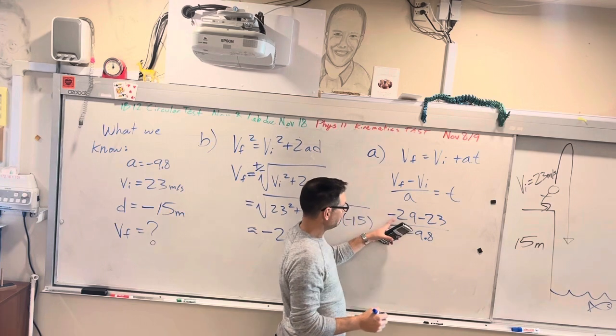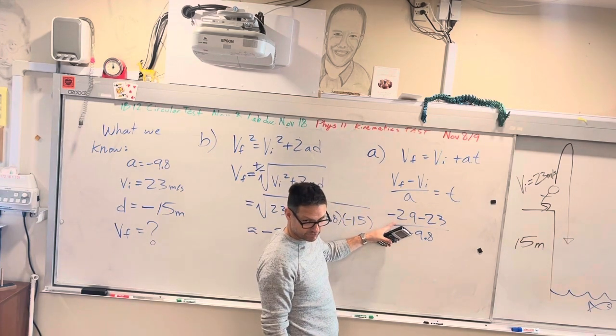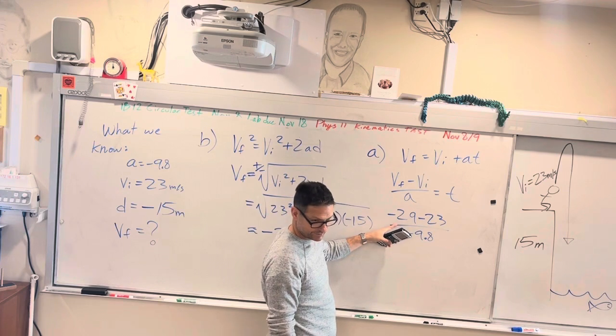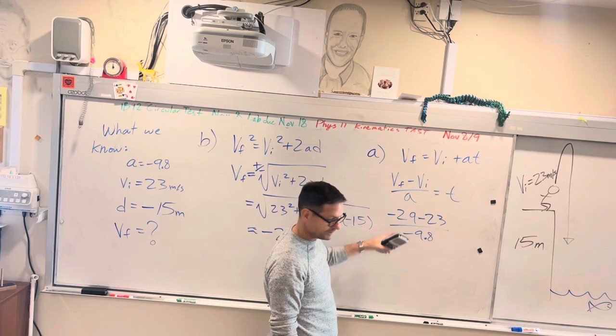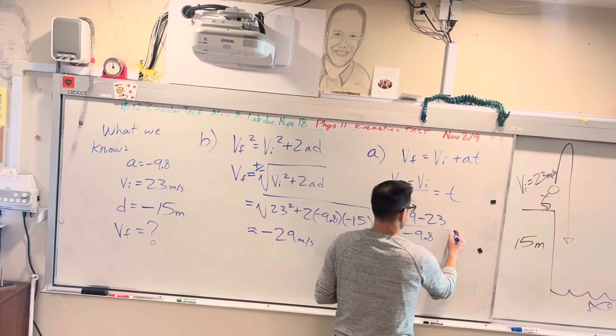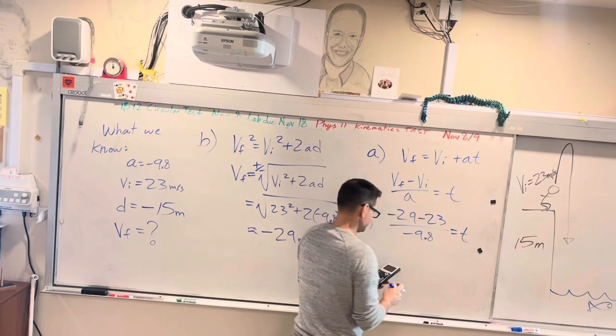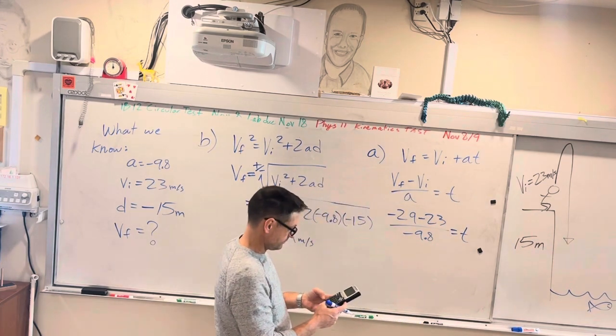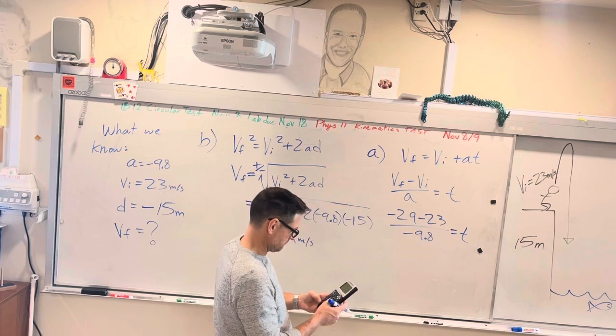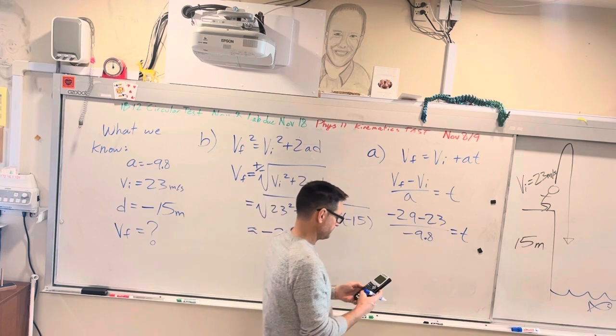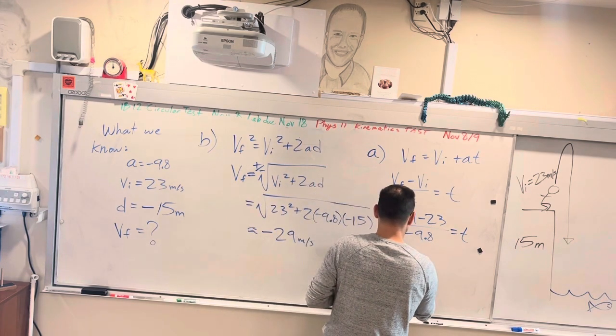You can see why you have to make this negative, right? If this was positive, you'd end up with negative time. That would be bad. If you end up with negative time, you've done something wrong. So this is somewhere around 5.3.